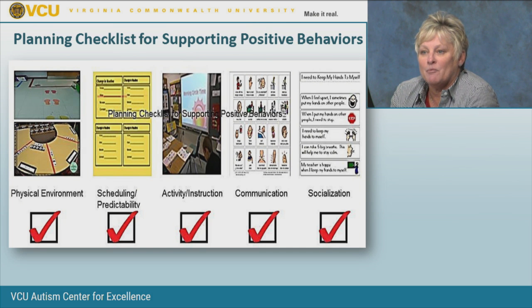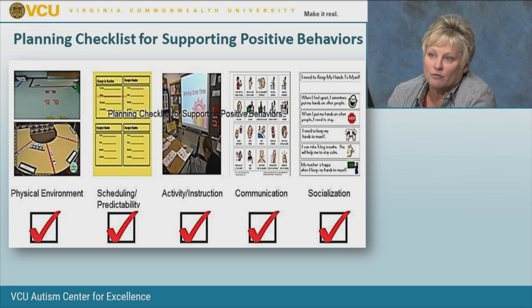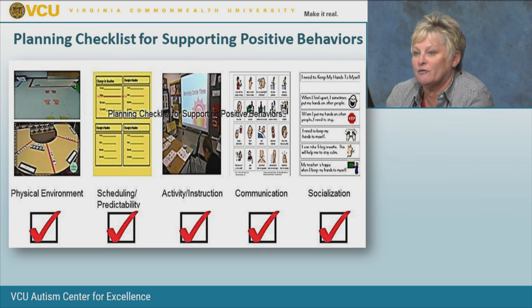So, to summarize what Amy and Tracey and I spoke about today, there's a planning checklist for supporting positive behaviors. And the behaviors are the most challenging barrier for most of our kids. And why? Because they do have trouble with language, communication, interpreting their environment, maneuvering around different environments.